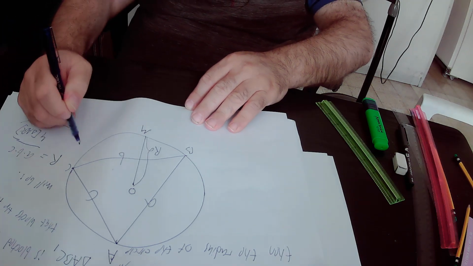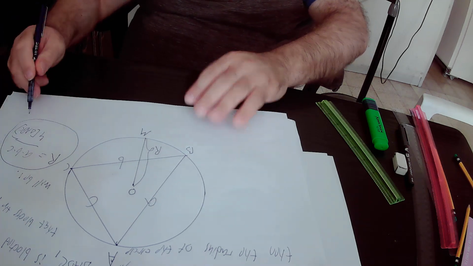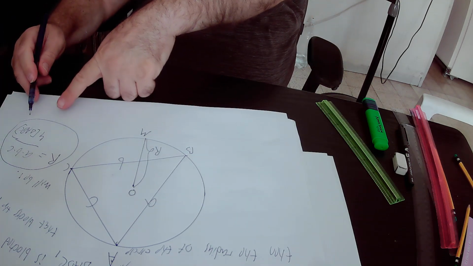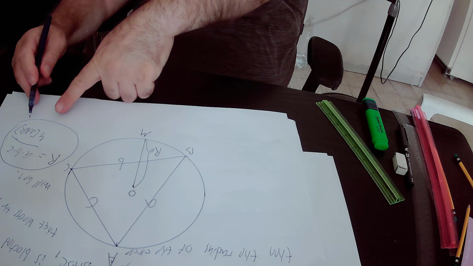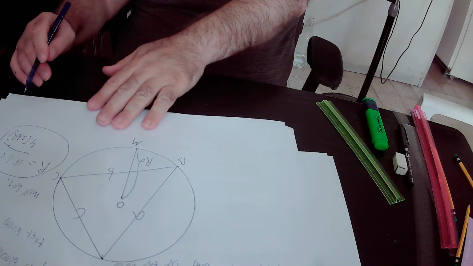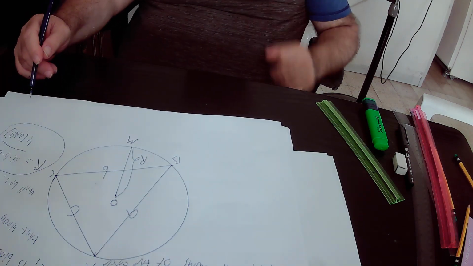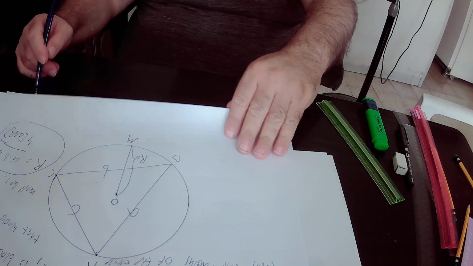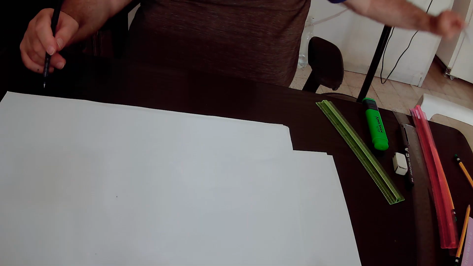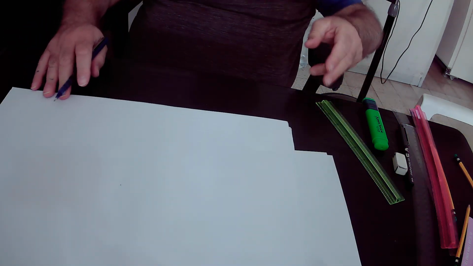Okay? The small brackets are the sign for the area. It means the area of triangle ABC. So we can implement rule number 1 in our drawing.